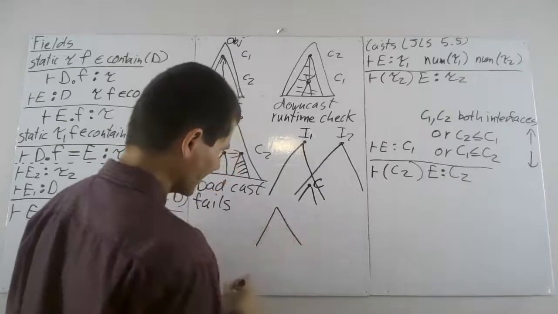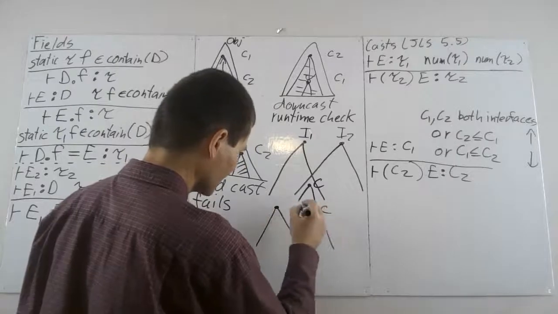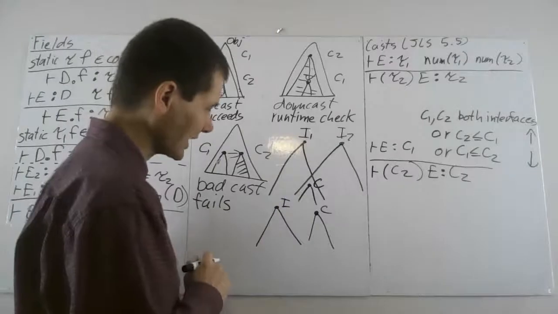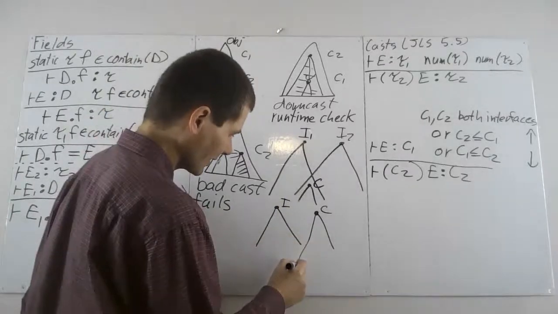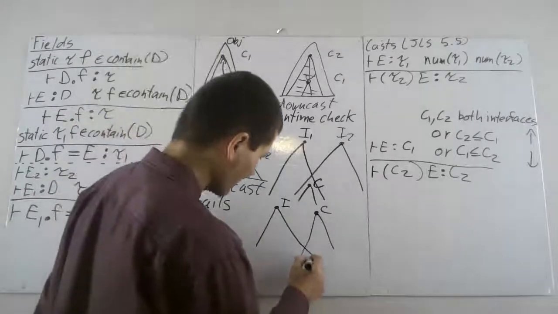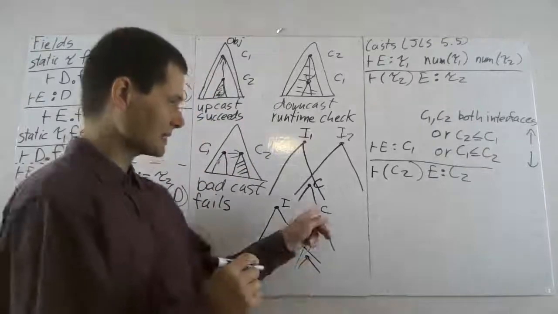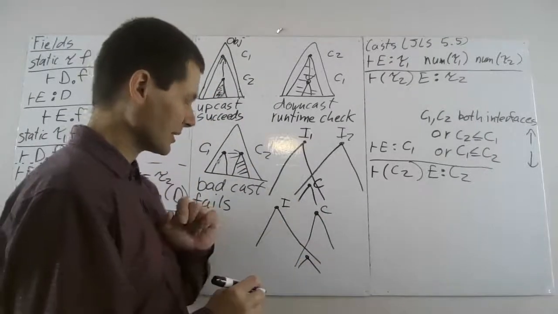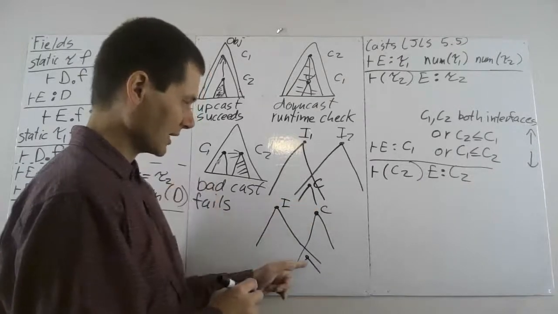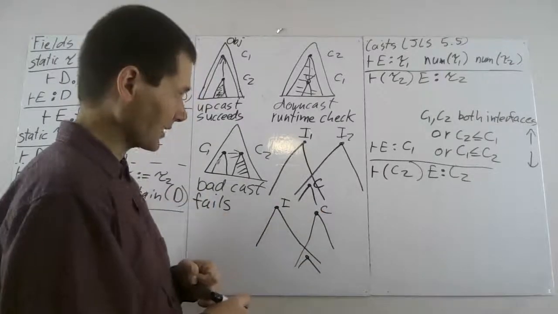So I have an interface and I have a class, and the interface and the class are not related, right? But it's still possible for the interface and the class to intersect, and for me to declare another subclass of the class that also implements the interface. Even if the superclass didn't implement the interface, a subclass of that class can additionally implement the interface.